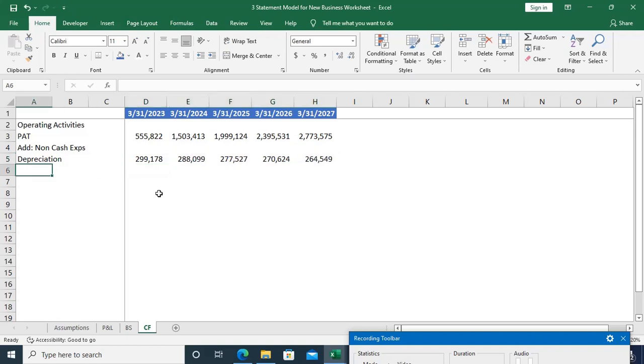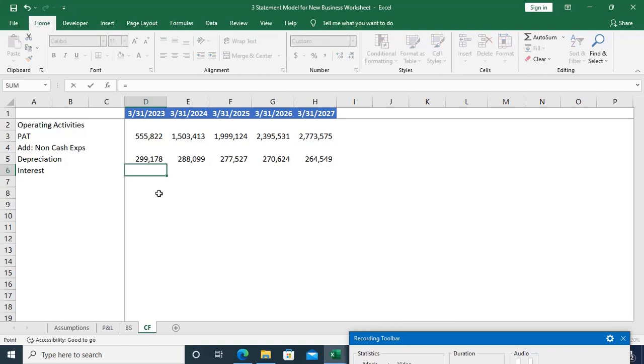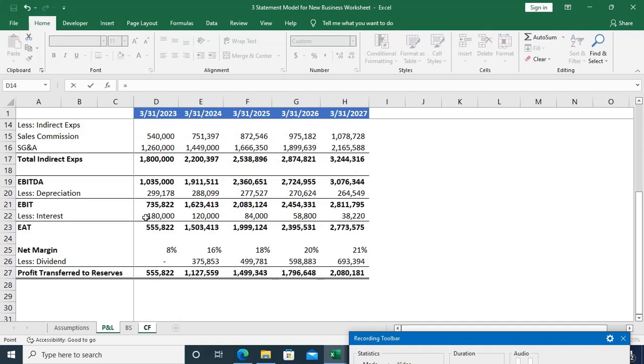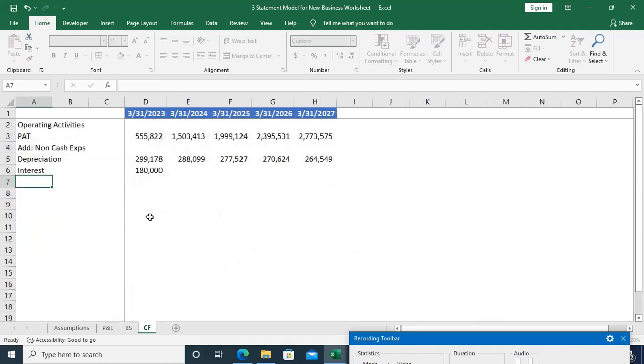Then what you should add back is interest, because this is not an operating expenditure but a financing activity, right? You can link it from here itself, no problem.